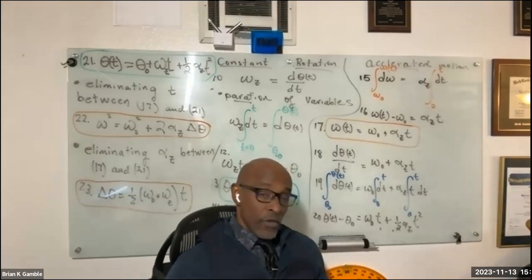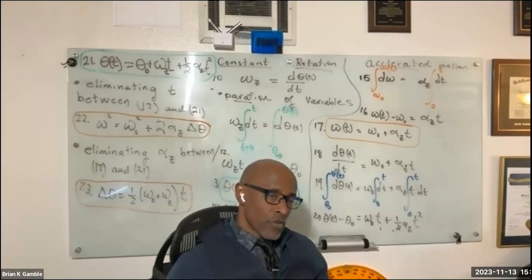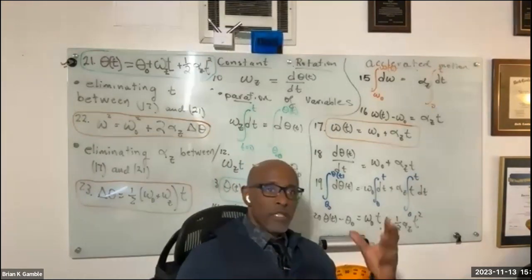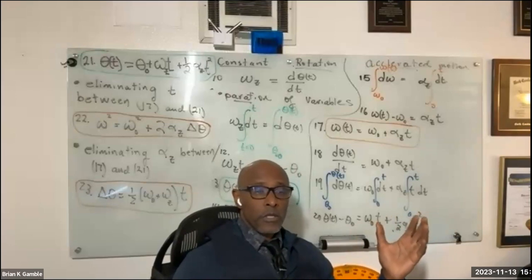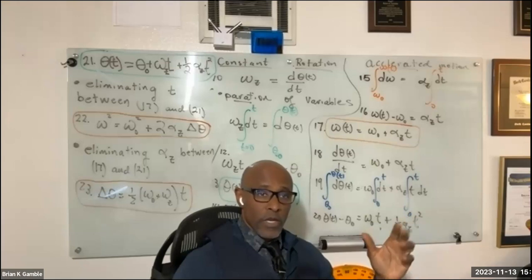Then you have free fall motion, which is what we call it when we're just dropping an object. So that's three. Then parabolic motion is the combination of constant motion in the X direction and free fall motion. We had a set of equations for that.